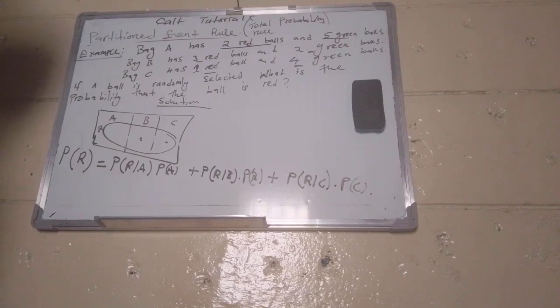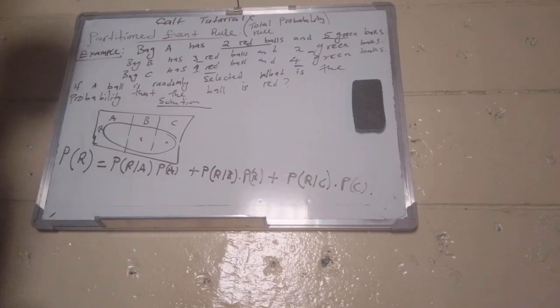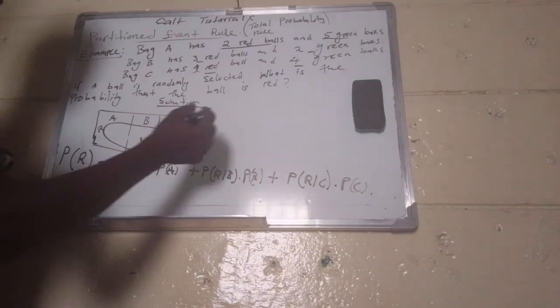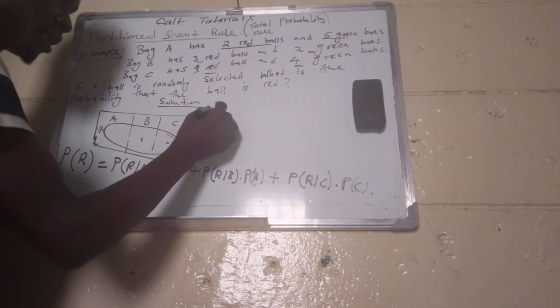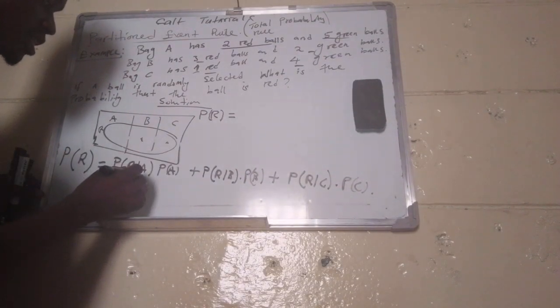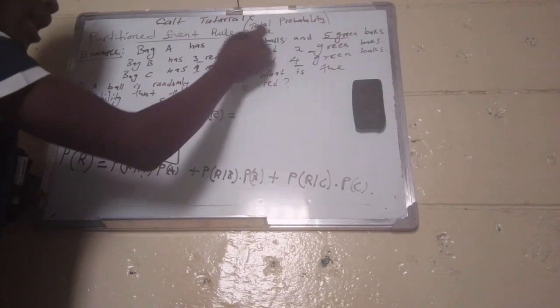That is the total probability for red. So what is the probability that it is red given that it is in A? I'm going to say the probability of red is equal to red given that it is A. How many reds do I have in A?